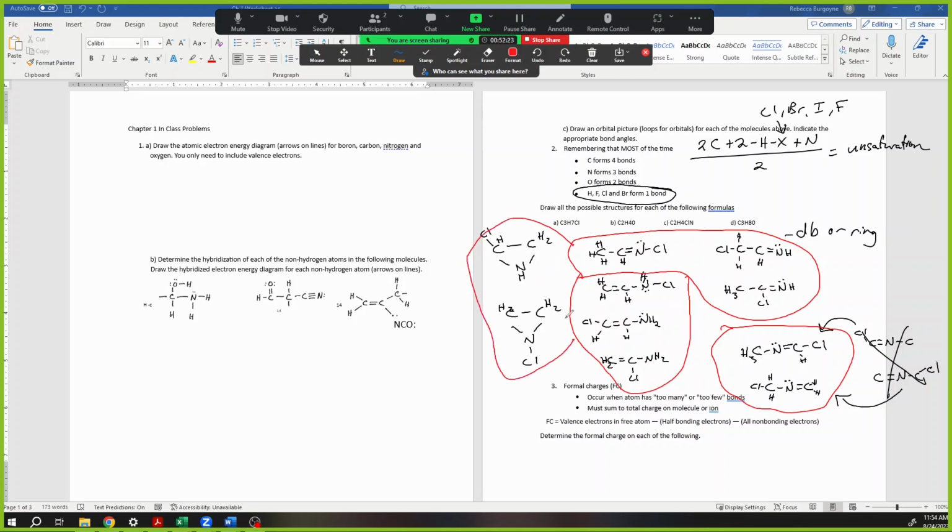All right, so we have 1, 2, 3, 4, 5, 6, 7, 8, 9, 10 options that we can think of. This is not unusual, just so you know. When you start having more carbons, then you can start branching in different ways. So just beware of replicating the same thing.